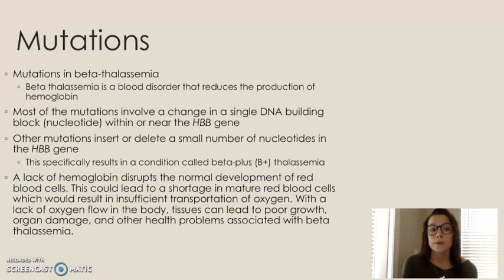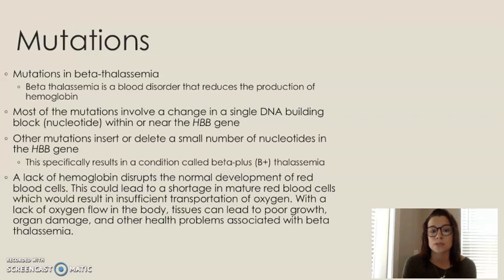Mutations. So mutations include beta thalassemia. Beta thalassemia is a blood disorder that reduces the production of hemoglobin. Most of the mutations involve a change in a single DNA building block, or nucleotide, within or near the HBB gene. Other mutations insert or delete small numbers of nucleotides in the HBB gene.